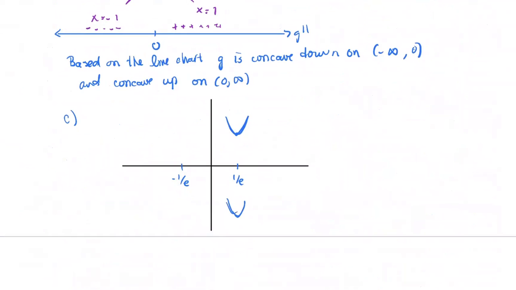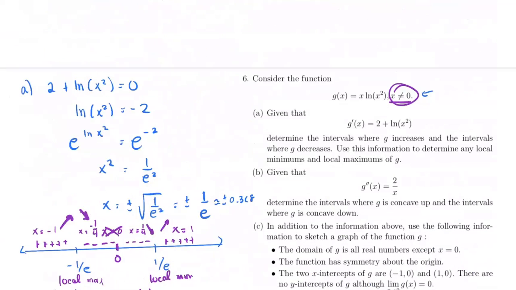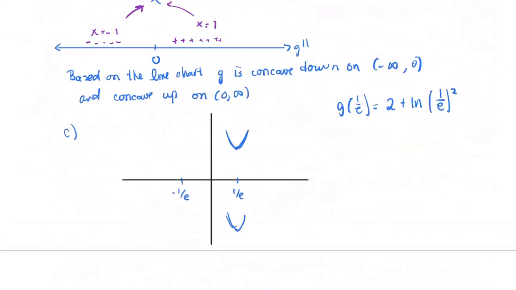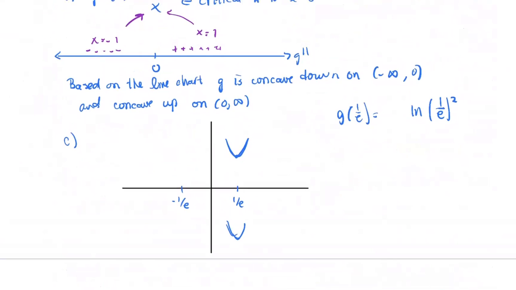So here's where I might want to plug in g of 1 over e and see what I get. Sorry, I'm plugging it into the wrong one. g of x is x natural log of x squared.